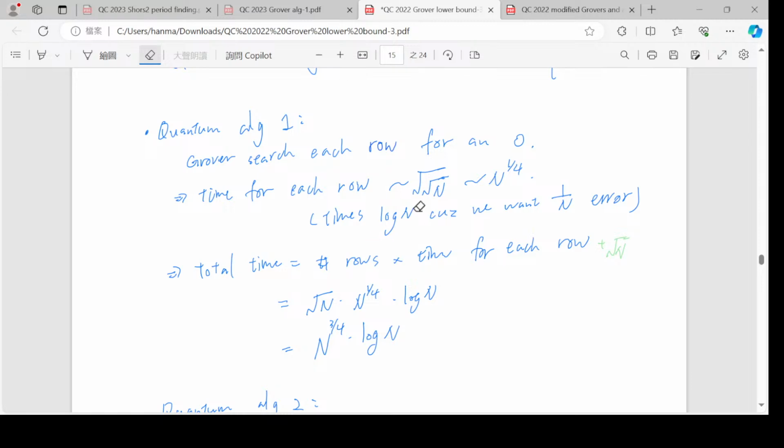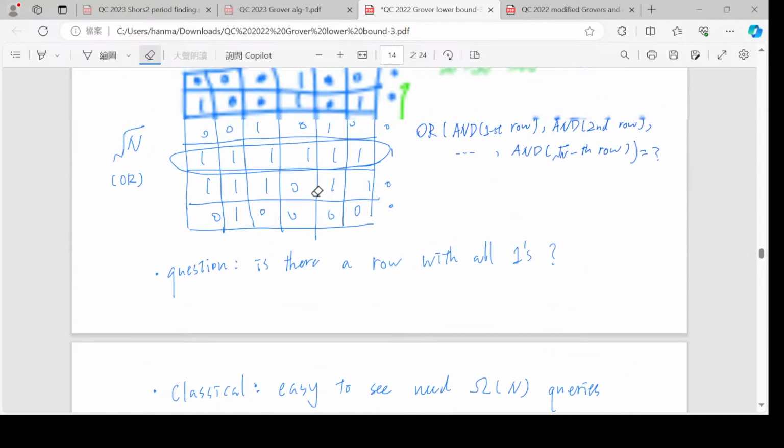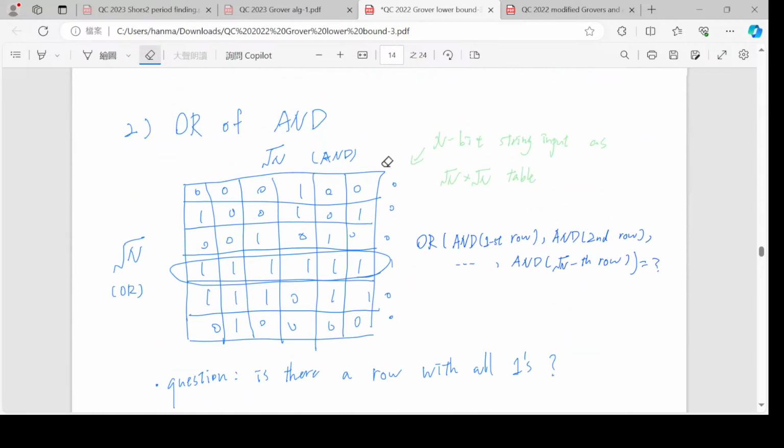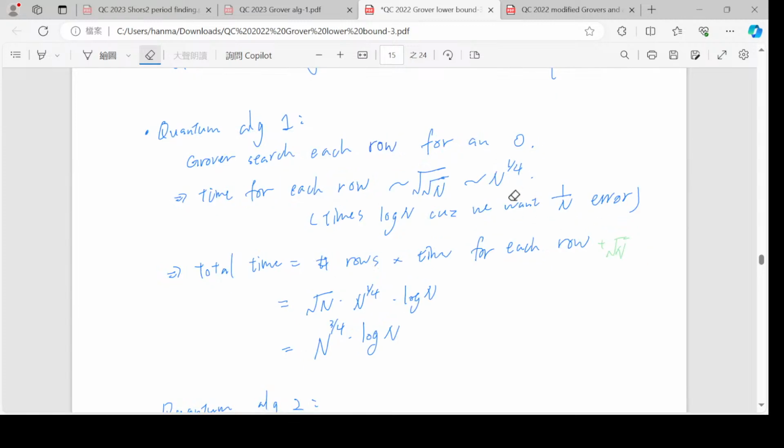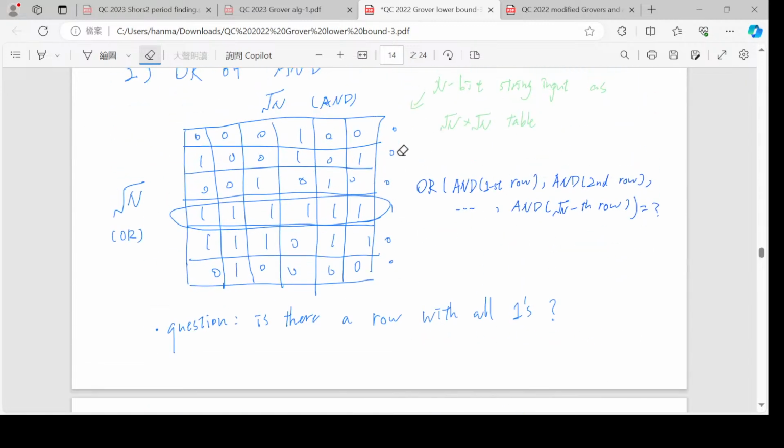Also there is a log n factor because you want each row to have small error, so you don't want just constant error on this thing. You want the error on those numbers to be 1/n, so you get the log n factor. So the total number of times is square root n times n to the 1/4 times log n, and then there is the classical post processing, where you can just go over the results you calculate here.